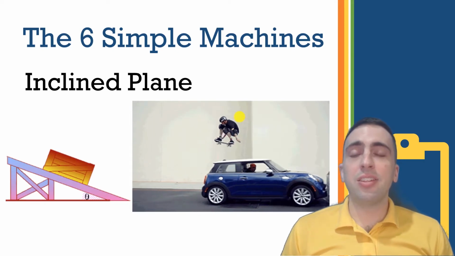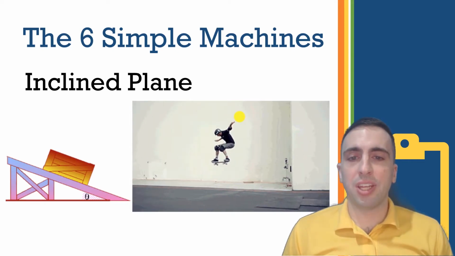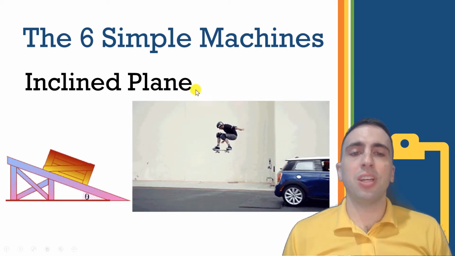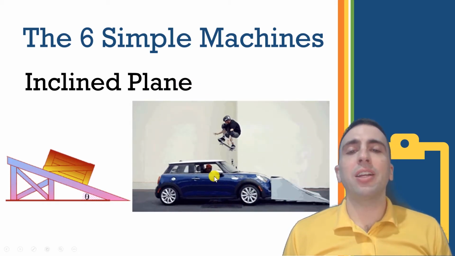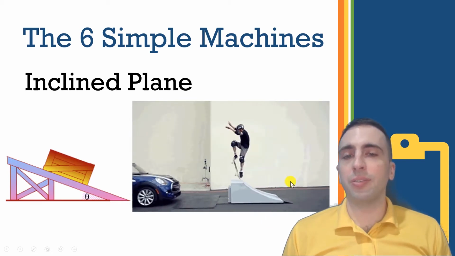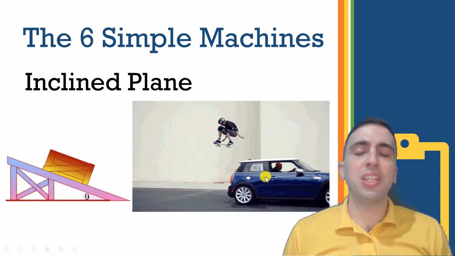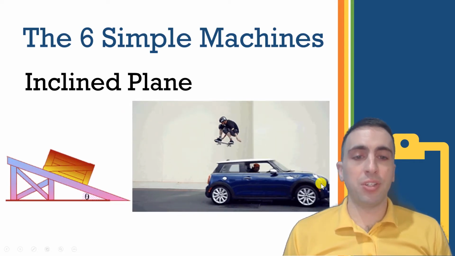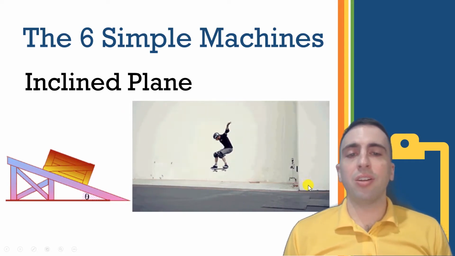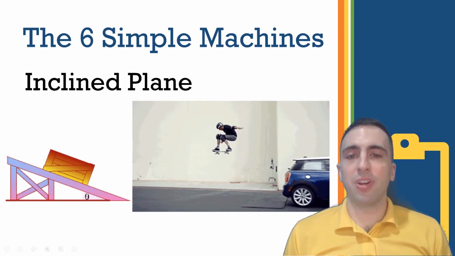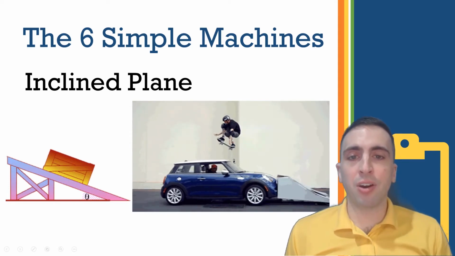The next is the inclined plane. We see, wow, this skater is using an inclined plane to go over a car. Can we see that it's changing the direction of the force? If the skater kept going straight, he would have, boom, been hit by that car.